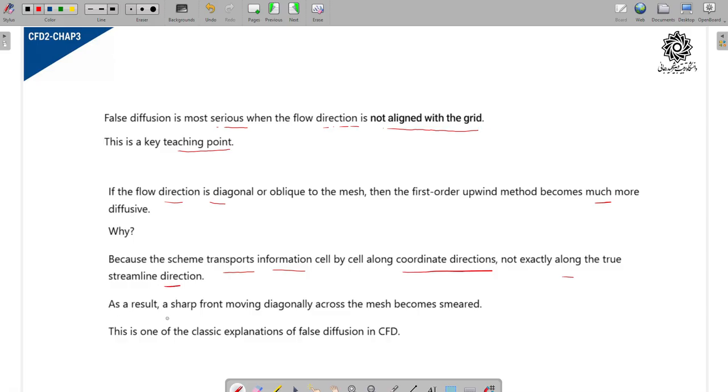As a result, a sharp front moving diagonally across the mesh becomes smeared. This is one of the classic explanations of false diffusion in CFD.